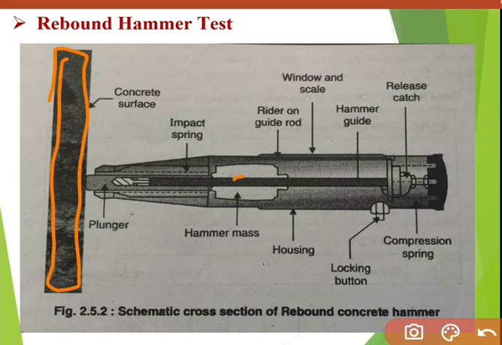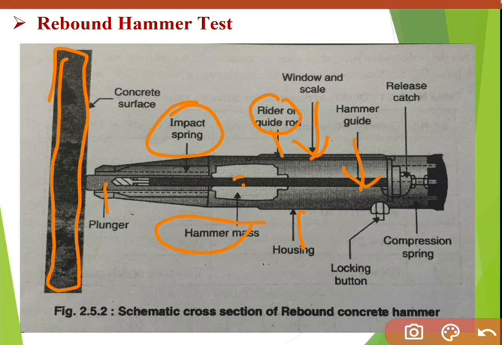Here you can see the impact spring. This is the plunger. This is the hammer mass. This is the housing of rebound hammer. Here you can see the rider on guide rod. Here window and scale through which we can see the rebound number.